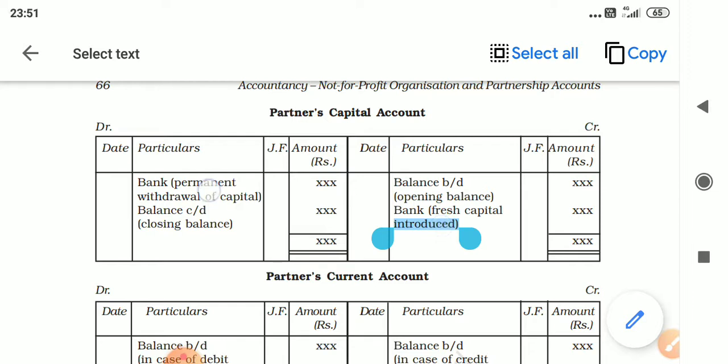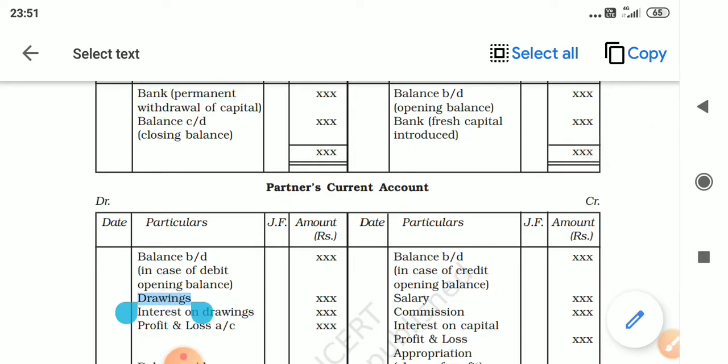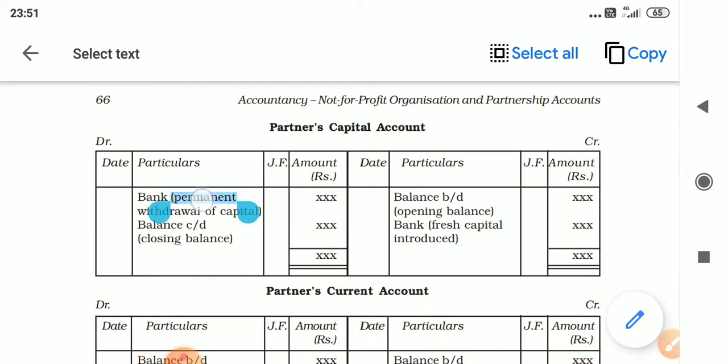If the partner is making any permanent withdrawal, I am stressing on the word permanent because it is not drawings. Drawings will appear here under current account. So in the question, if it is mentioned that it is permanent withdrawal, only then we will show it here on the debit side of partners capital account, and the closing balance will appear on the debit side.